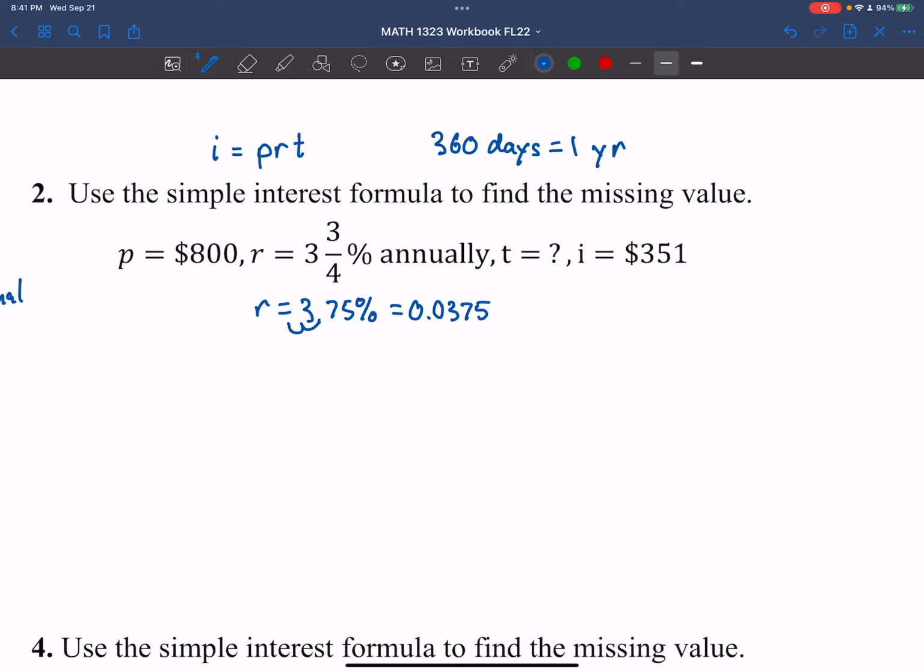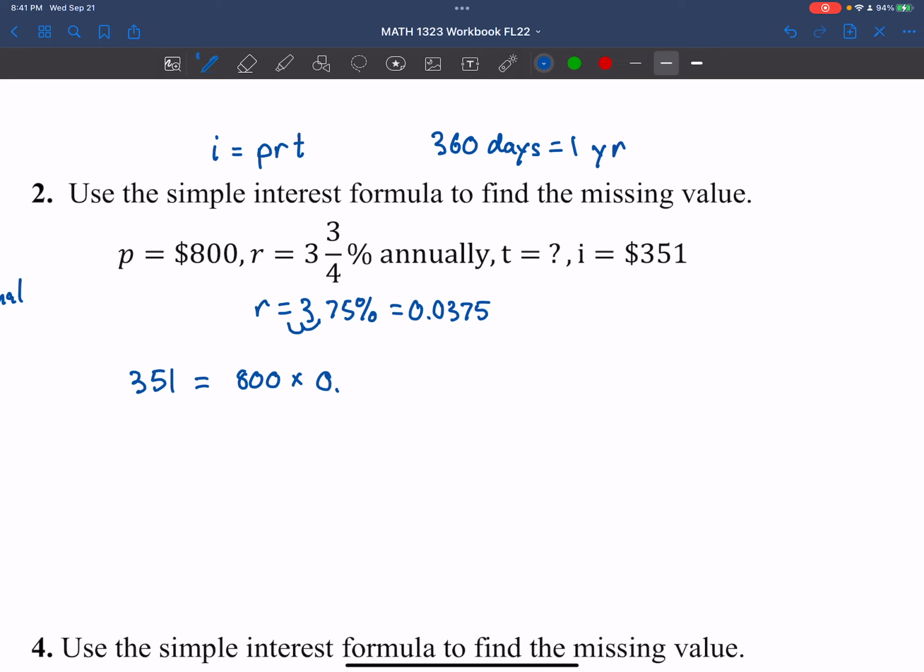Now we'll set up the equation. So $351 is our interest, so that'll go on the left side. I'll just drop the dollar sign to keep the equation a little cleaner. So that is equal to 800 times 0.0375 times t.